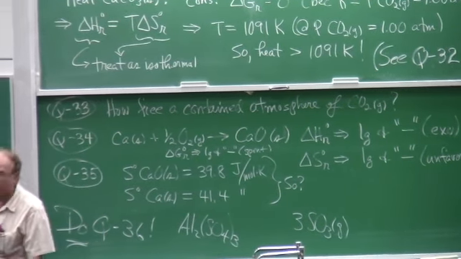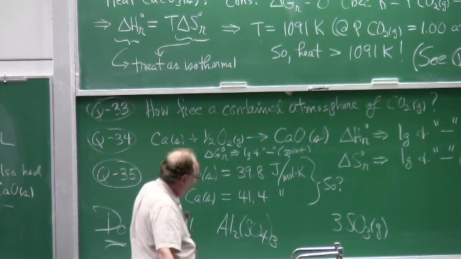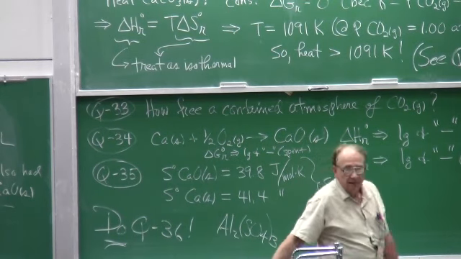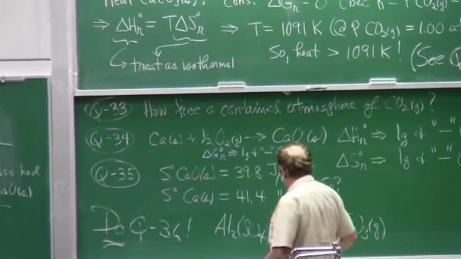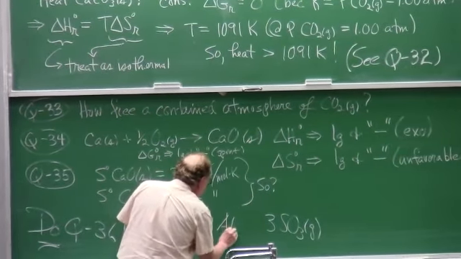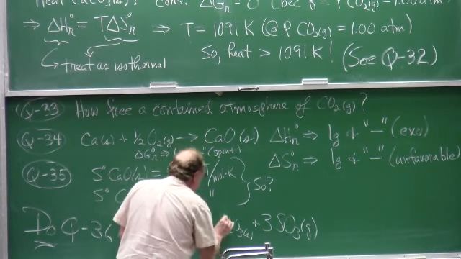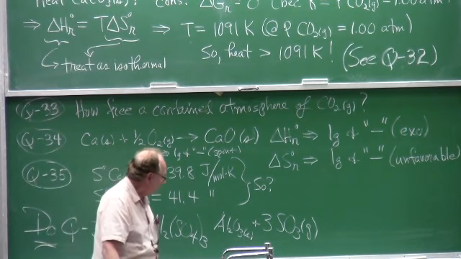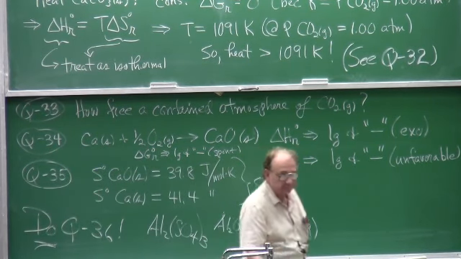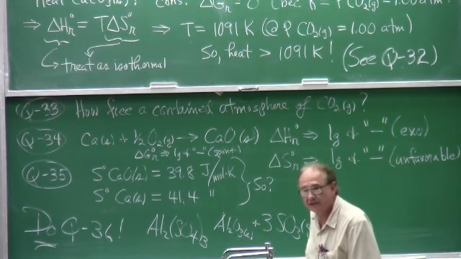Now, as it should follow from what we've done with the calcium carbonate decomposition, in calculating K for this decomposition reaction, where the decomposition products are aluminum oxide and SO3 gas, sulfur trioxide, what's the equilibrium constant for this?